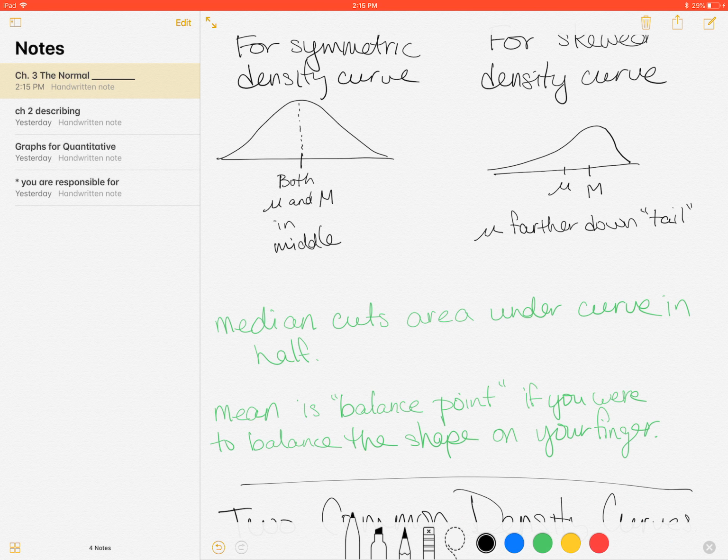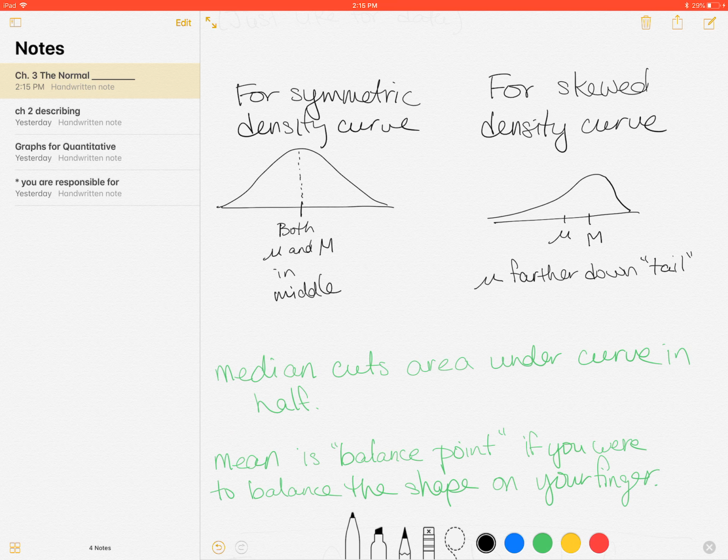Now, what they actually represent, if you wanted to measure them, where would you put them? The median, by definition of how we find it, cuts the area in half. It cuts the lowest 50% of the data from the highest 50% of the data. So if we were to cut a line and this area was half and this area was half, that line that we cut would be the median.